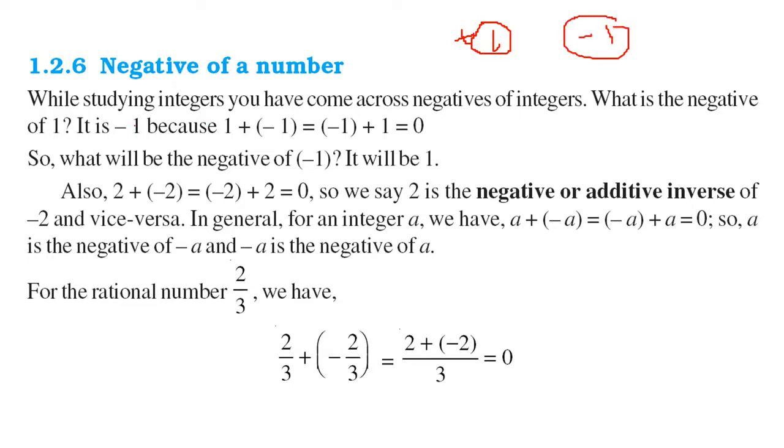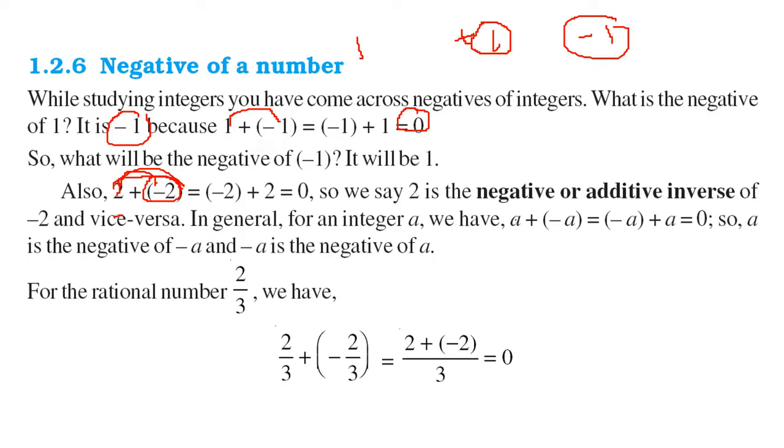So this minus 1 is the negative of 1, and when we add these two, we get a 0. Similarly, 2 added with minus 2, we get a 0. So 2 is nothing but the additive inverse or negative of minus 2, and vice versa. Minus 2 is the additive inverse of 2, or you can say negative of 2, right?